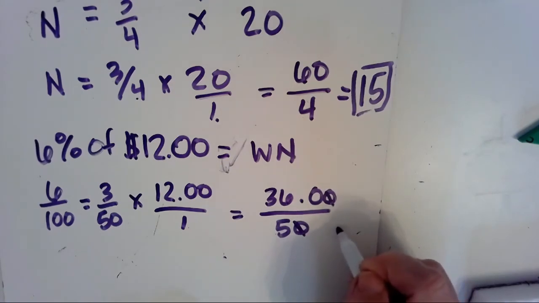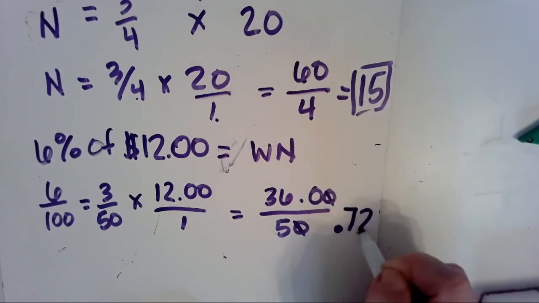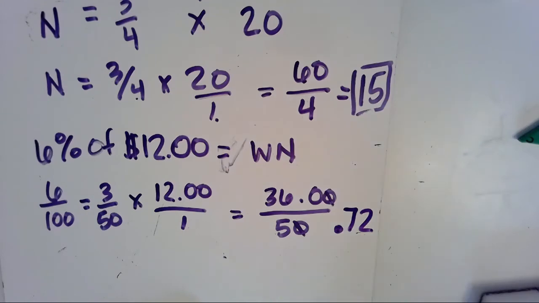This is going to give us 0.72 or 72 cents because we're talking about dollars. So 6% of $12, 6/100ths of $12 is 72 cents when we do that math.